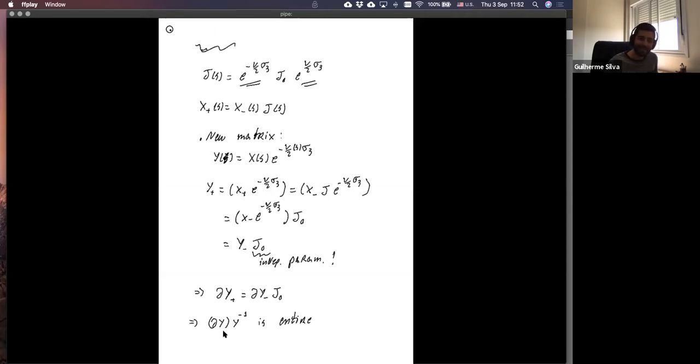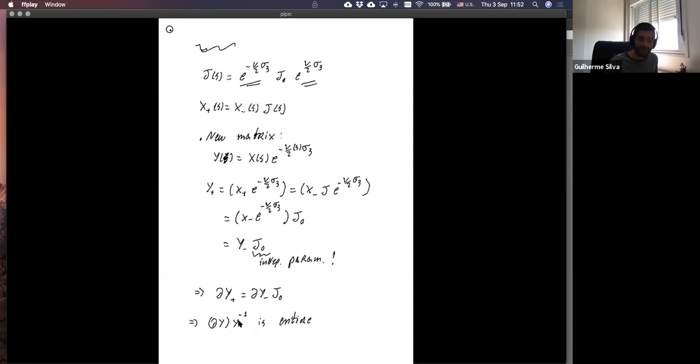But then you look at infinity. In Y times partial Y inverse, there's a factor which looks like the identity.